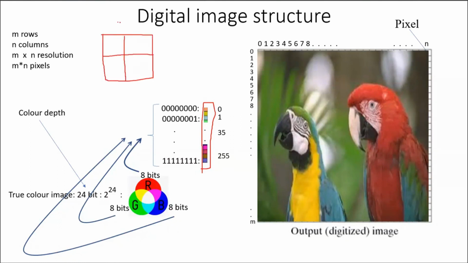Now, if I have a 2 by 2 color image, 24 bit. It means I have 8 bits red, 8 bits green, and 8 bits blue. So you get 3. 8 bits means you take 8 bits.